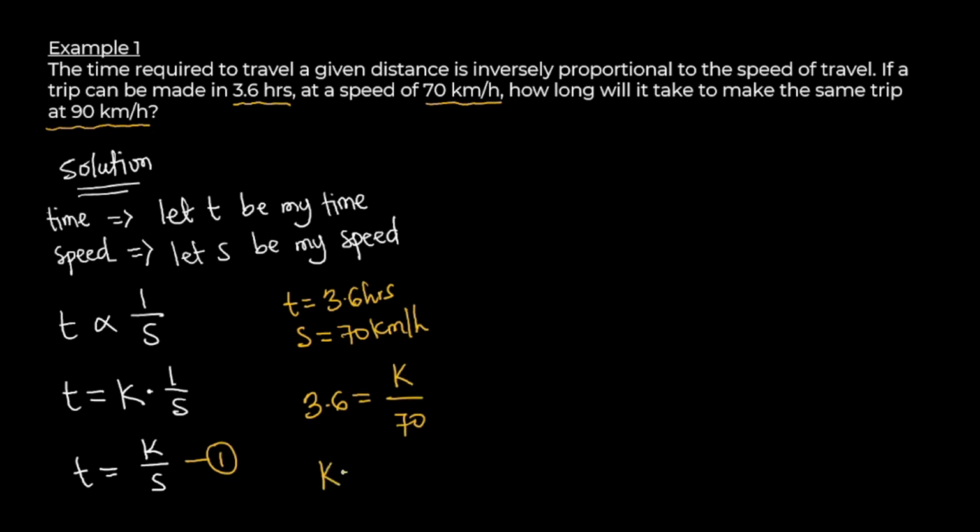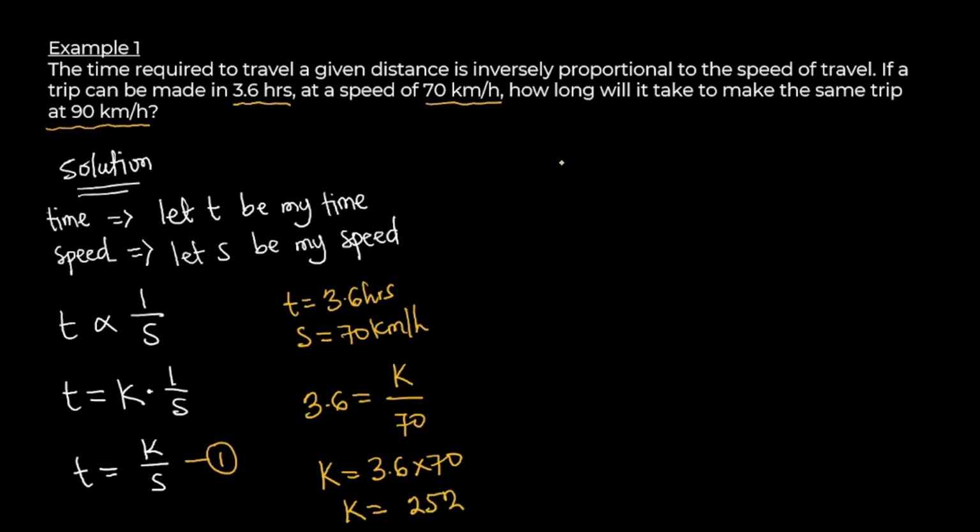Our constant now becomes 3.6 multiplied by 70. If we compute 3.6 by 70, we get 252 as our result, or the value for k.